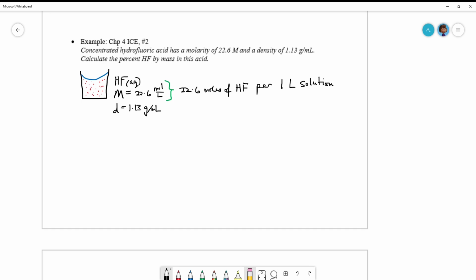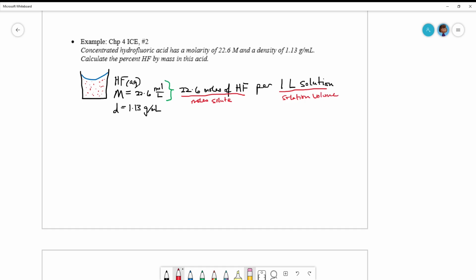Okay. So when we express it or draw it out this way in long form, what we now have here are moles of solute. And per 1 liter of solution represents the solution volume.